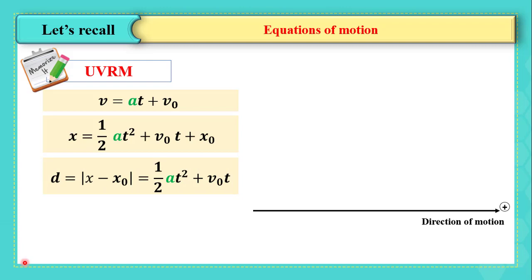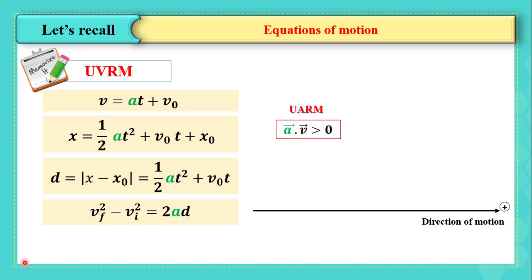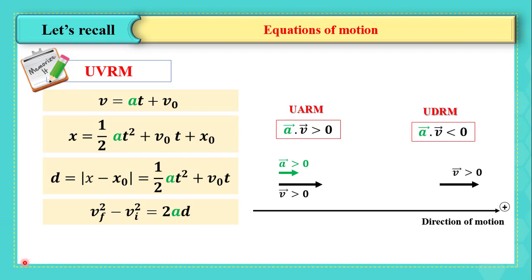And the equation independent of time for such a type of motion is v final square minus v initial square equals 2ad. And don't forget that for a uniformly accelerated rectilinear motion, a dot v should be positive, which means that a and v should have the same direction. Whereas in a uniformly decelerated rectilinear motion, a dot v is negative, so a and v have opposite directions.